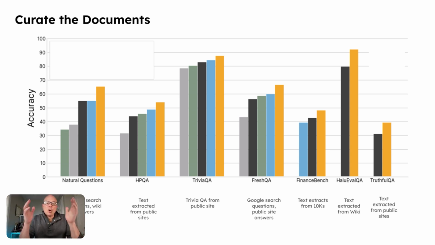But all of these benchmarks, when you scratch the surface, don't actually test RAG at all. They have two core problems, all of them. Number one, they're not based on original source material. Human beings have extracted text from web pages or PDFs, and what's in the RAG is pure text.